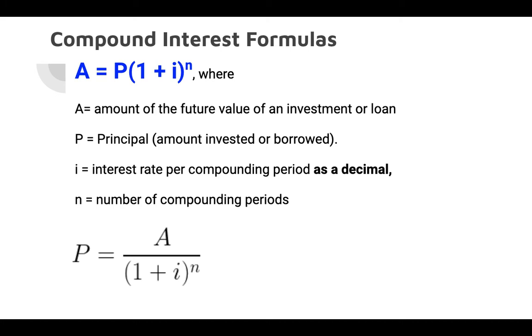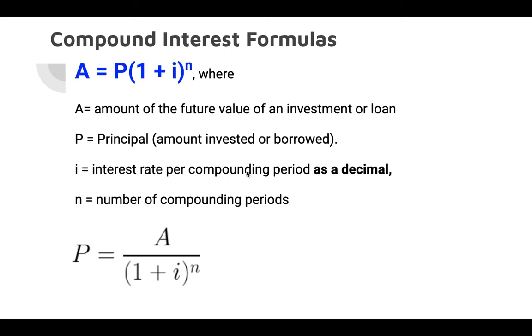Here's the compound interest formula. So if we want to find some amount in the future, using the amount we invest or borrow, that's the original amount, 1 plus i is our interest rate, and that's per compounding period.